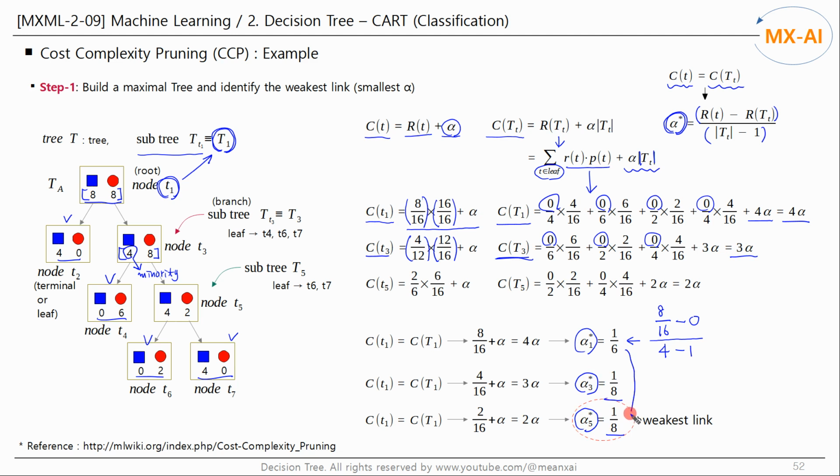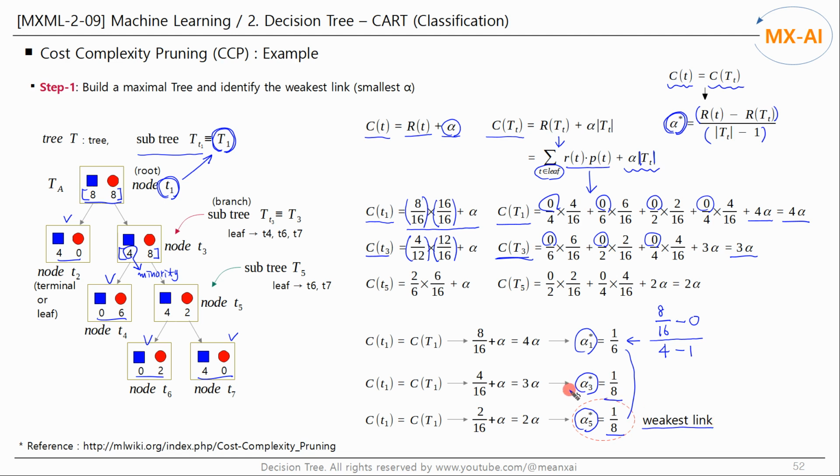Now, which split should we prune? Recall that a smaller alpha star means the split provides relatively little benefit compared to the complexity it adds. In other words, it's the least efficient split in the tree, and that's exactly what we want to remove. This least efficient split is called the weakest link.